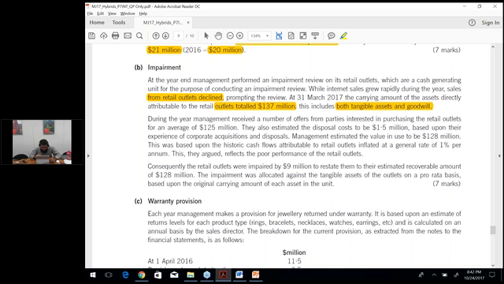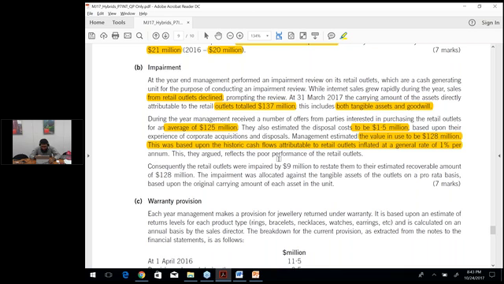During the year, management received offers from parties interested in purchasing the retail outlets for an average of $125 million. They also estimated disposal cost to be $1.5 million. Based upon their experience, management estimated value in use to be $128 million. This was based upon historic cash flows attributed to retail outlets, inflated at a general rate of 1% per annum.